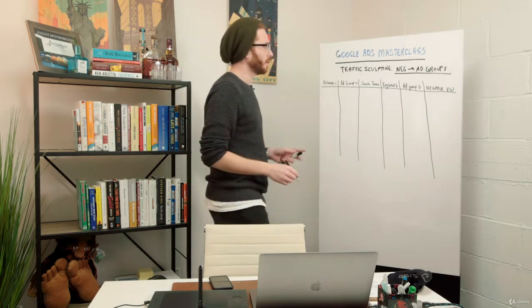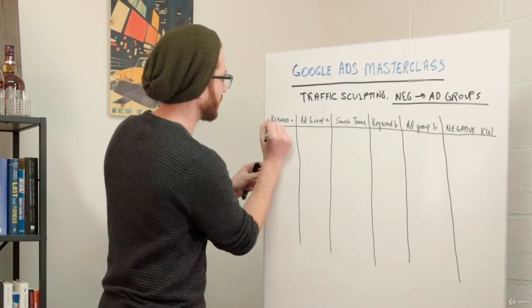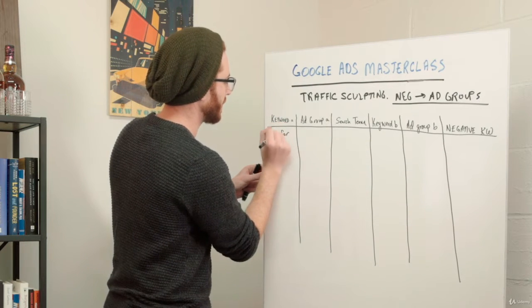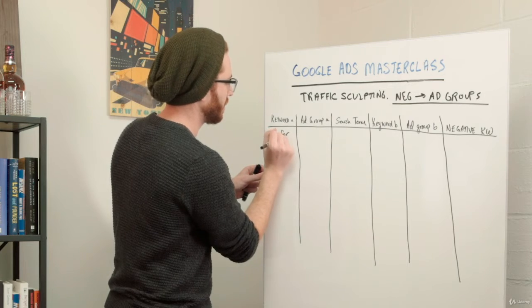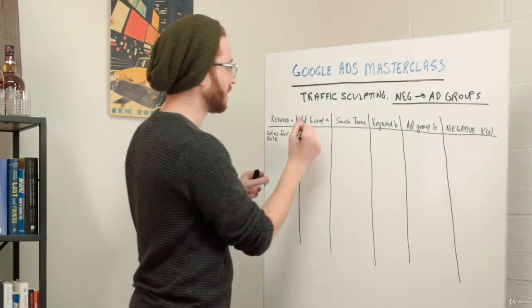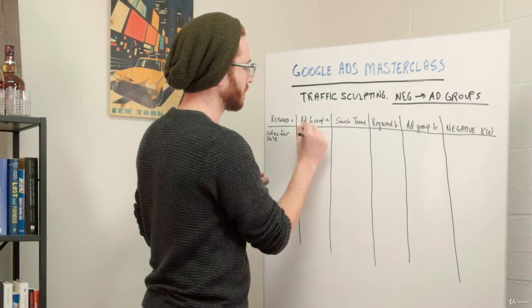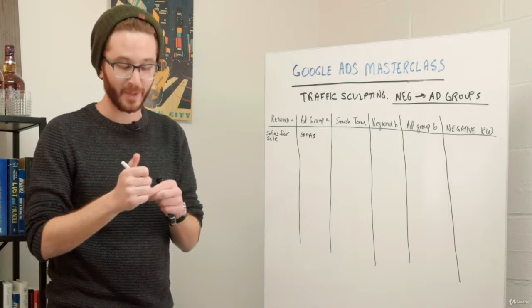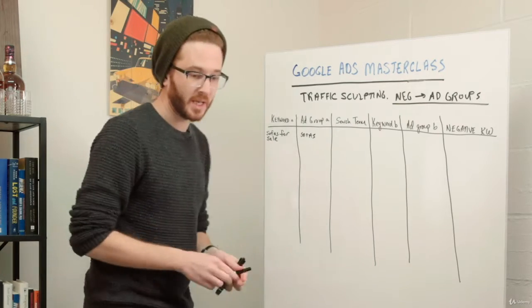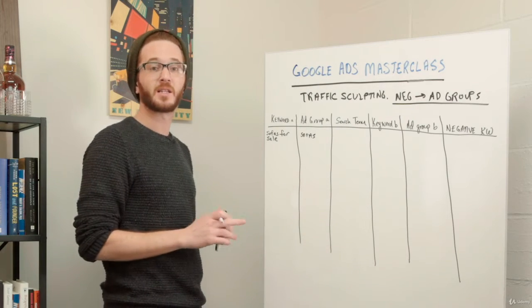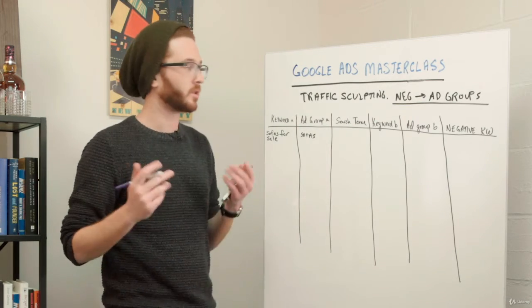Okay, say for example we have a keyword, sofas for sale. That's keyword A. That keyword is inside an ad group that's labeled sofas. Why? Because that's an ad group that has ad copy that relates to sofas. And more importantly, it has a landing page that sends the users to the page on the website that sells sofas.